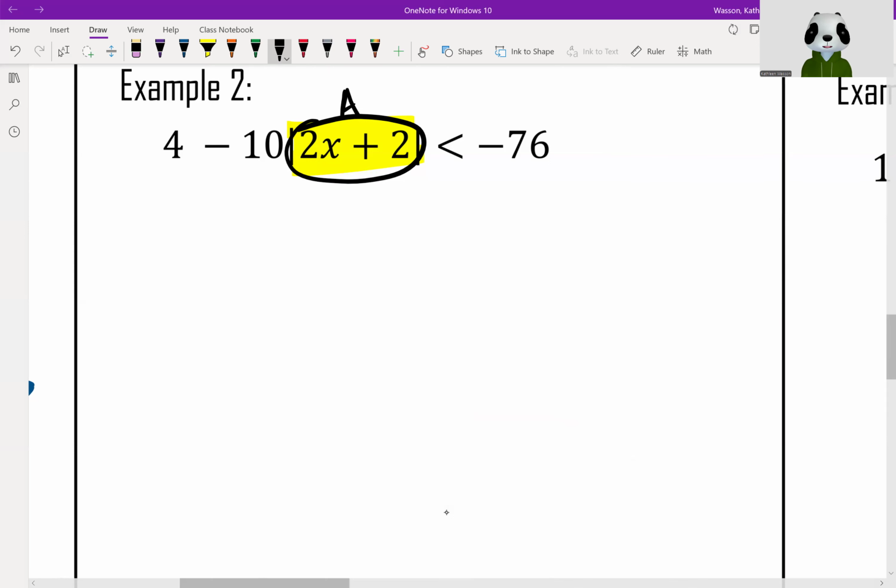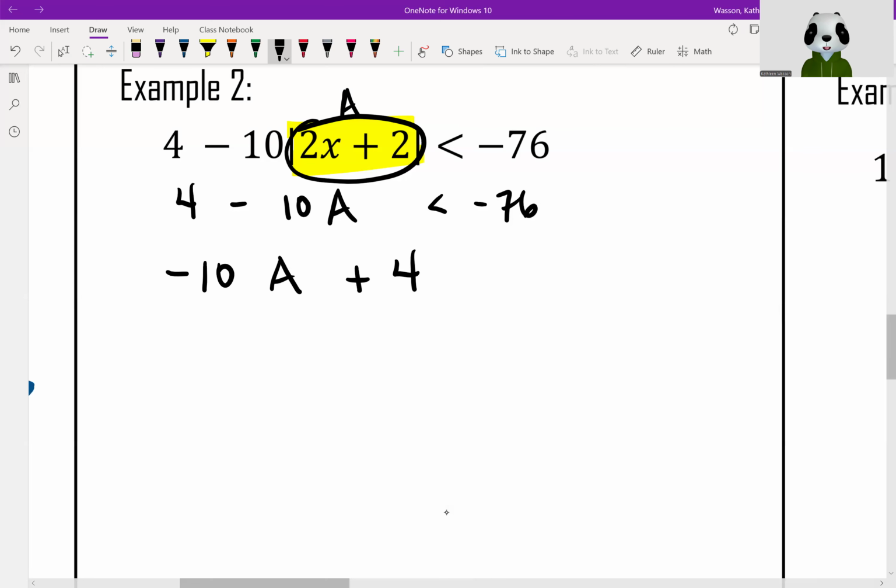You can also rearrange the left side of this if you want to. These are added together. I have 4 plus negative 10, which is basically 4 minus 10. I'm calling this A for absolute value. It's very common that students will try to combine these. So let's just rearrange this way.